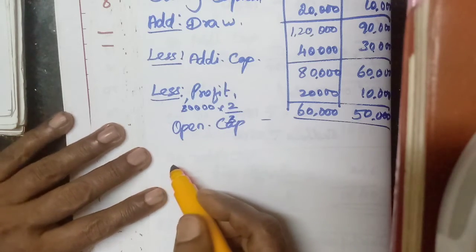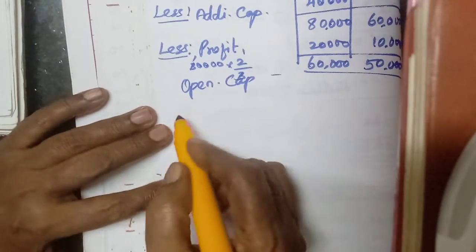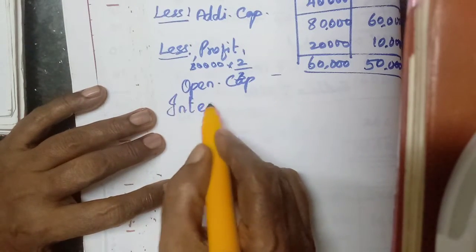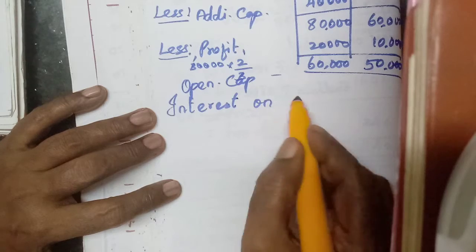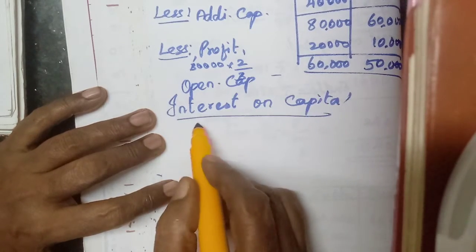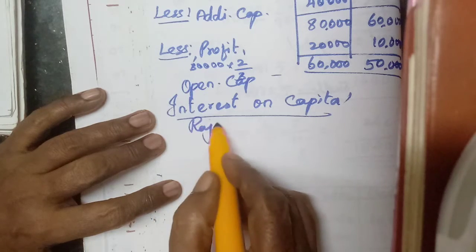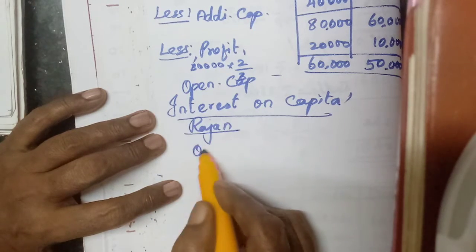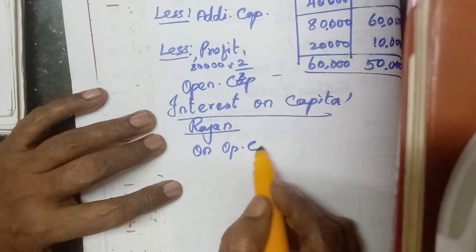Now we have to calculate interest on capital for both the partners. Interest on capital, first Rajan. First on opening capital.